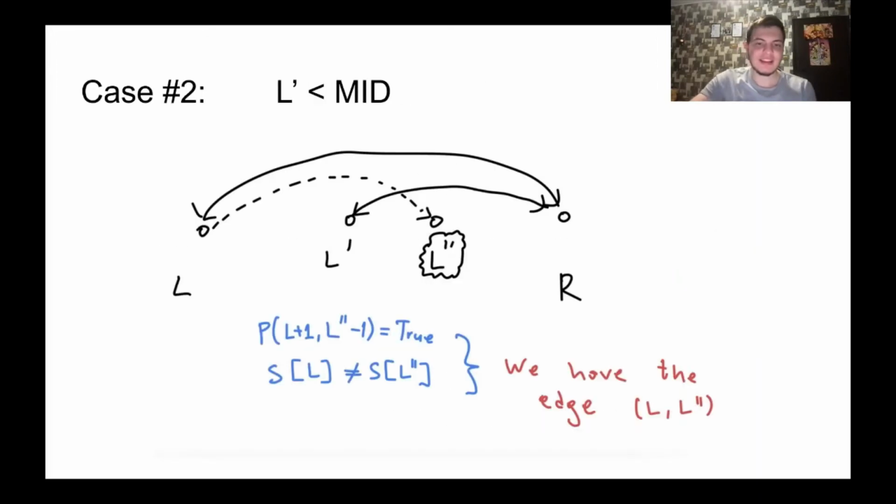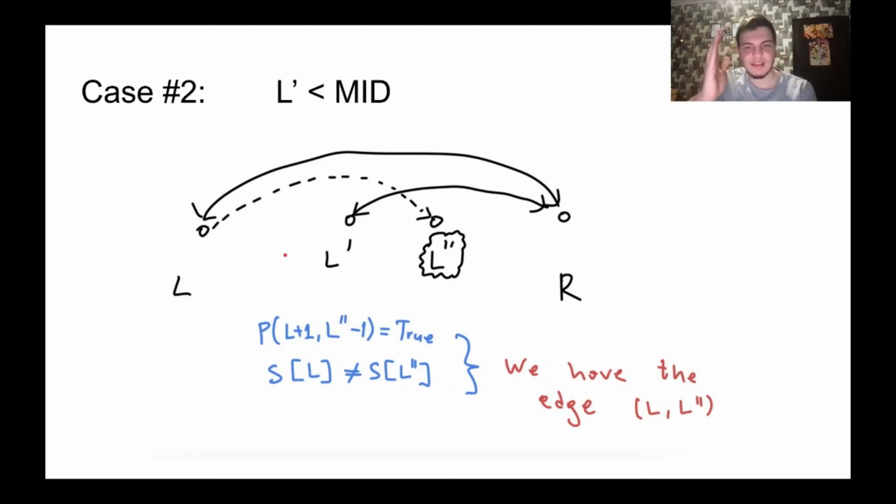And now the second case is very similar, but we know that L prime will be less than middle. Now we use a very similar symmetry. We know that the whole thing from the beginning to the right minus 1 is a palindrome. Therefore, the thing from L plus 1 to L second minus 1 is also a palindrome.